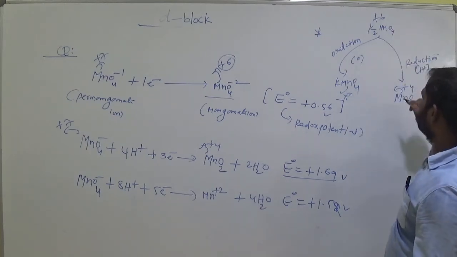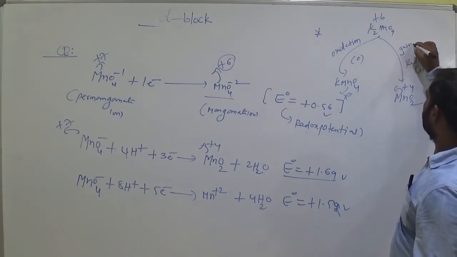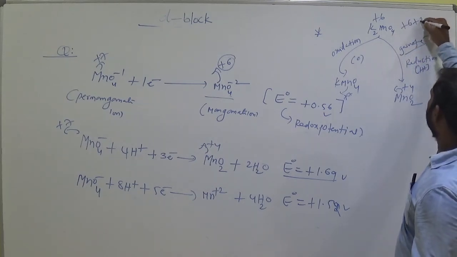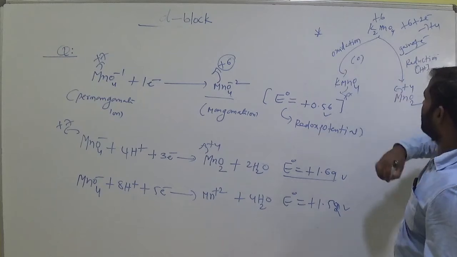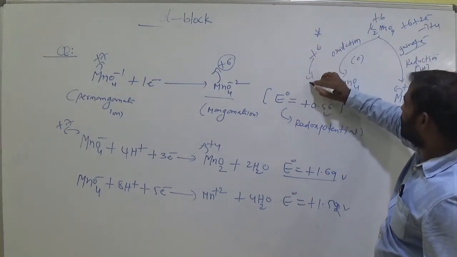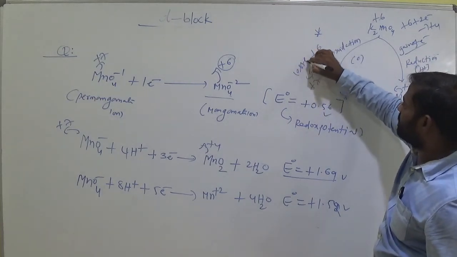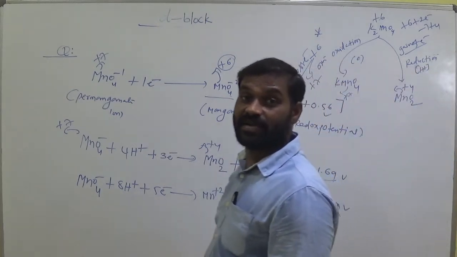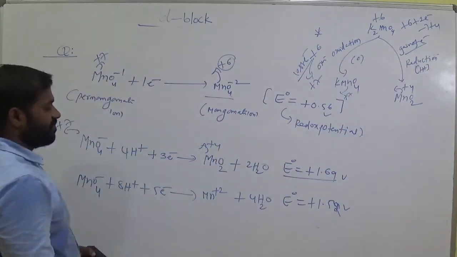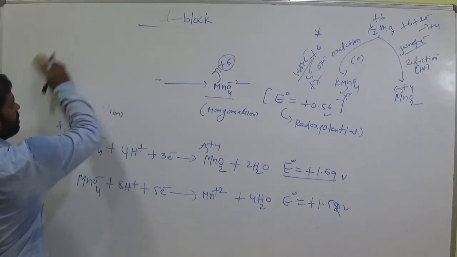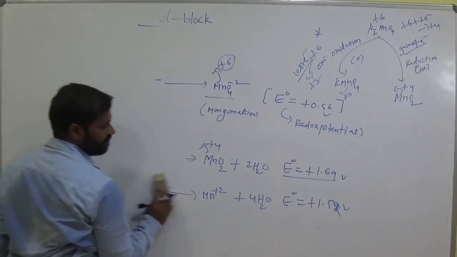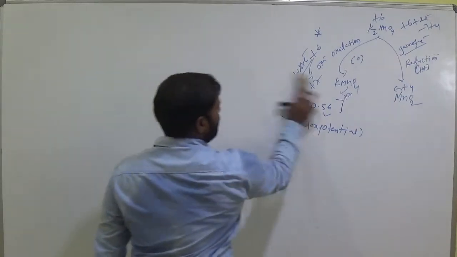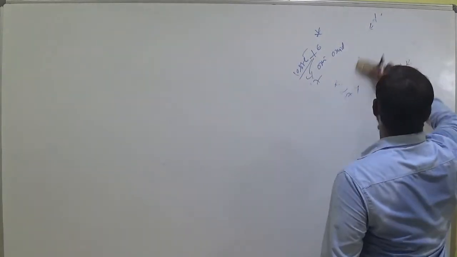Plus 6 to plus 4 means gaining of electrons takes place. Gain of electrons is called reduction. Plus 6, when it gains 2 electrons, becomes plus 4, am I right? Here it is plus 6, it becomes plus 7. Loss of electrons, am I right? Loss of electrons is called oxidation. Plus 6 to plus 7, loss of 1 electron. That is oxidation. Okay. Is it clear, Mark 2?